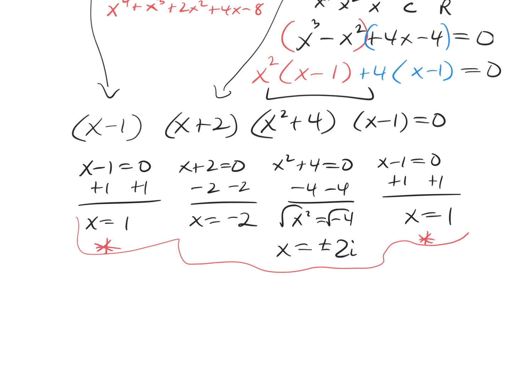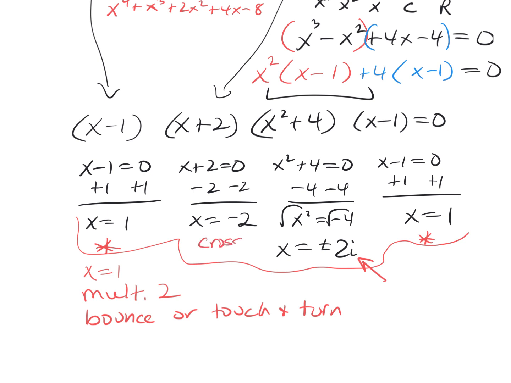This would be a multiplicity. So at x equals 1, it's got a multiplicity of 2. So remember, this is going to be like a bounce or a touch and turn away from the x-axis. The other 3, this one we would not graph because we won't see it, but this one would cross the x-axis because it occurs once.